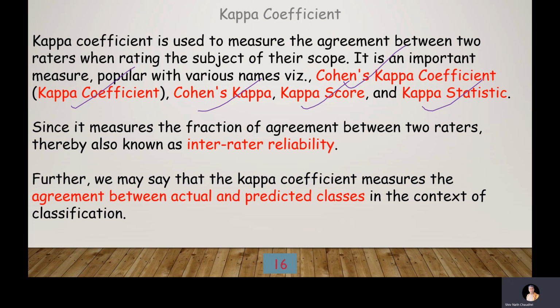Because it is used in rating the agreement, it is also known as inter-rater reliability. So kappa coefficient is also known as inter-rater reliability. In the context of classification, it can be said that it measures the agreement between actual and predicted classes.